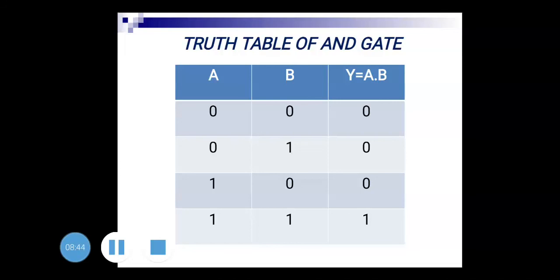In the third, one input is 1 and the other is 0, the output is 0. And the last, 1 and 1, it is 1. It is like maths multiplication. 0 into 0 is 0, 0 into 1 is 0, 1 into 0 is 0, and 1 into 1 is 1. This is how you can remember the AND gate.